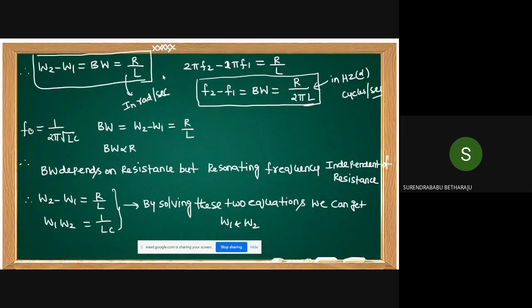When I want to solve these equations, first, once you know omega 2 minus omega 1, students, how do we find omega 2 plus omega 1? Shall I write like this?